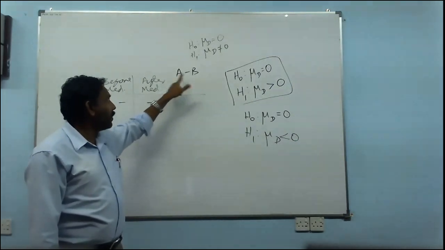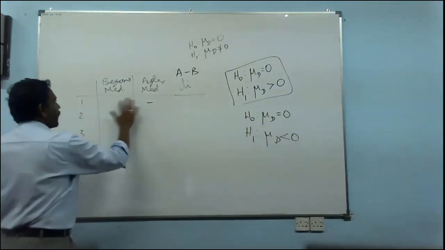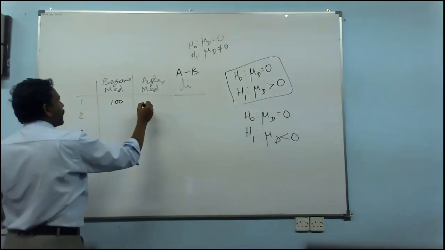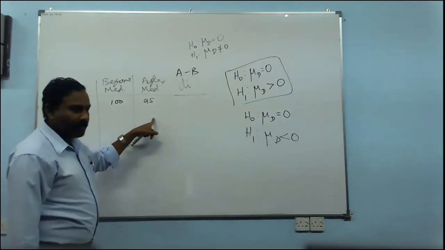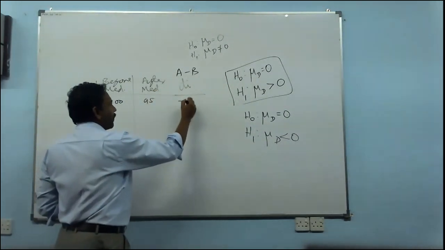So now this is after minus before. Let's say we have some values. Let's say this is 100, this is 95, as an example. So after minus before is minus 5.